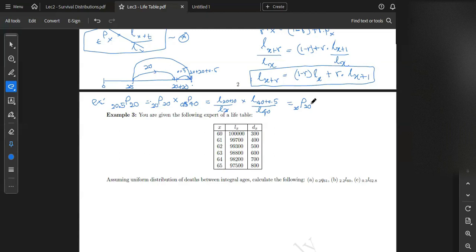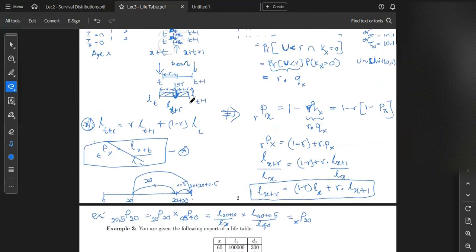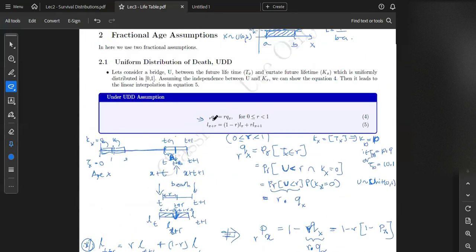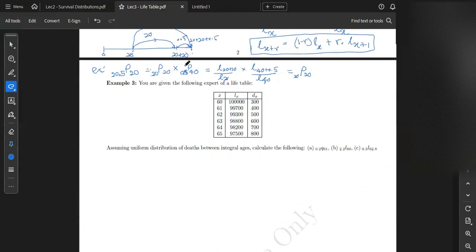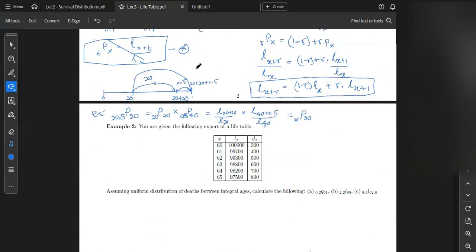for the fractional age, it is defined for Q, but the probability is in P. So here we have the death probability, but the definition works for the death probability, and this is for the survival. So first we need to write the survival probability using the death probability.